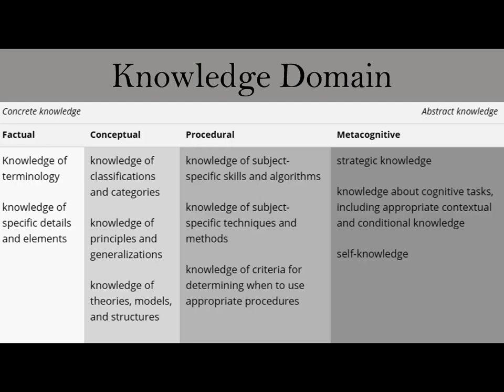So you've got factual knowledge, conceptual knowledge, procedural knowledge, and metacognitive knowledge. So this is kind of the same. It's very much in line with Bloom's in terms of you've got your most basic terms of understanding something to your most complex. And I have all kinds of resources around both of these things.